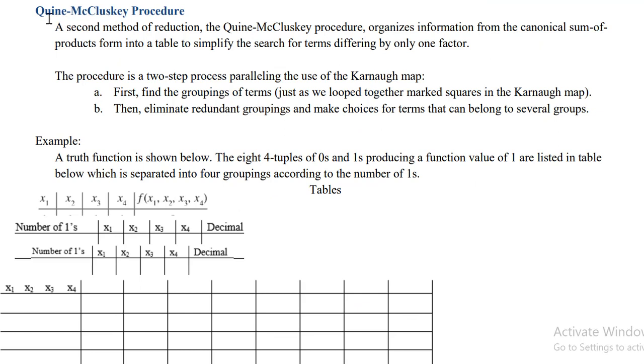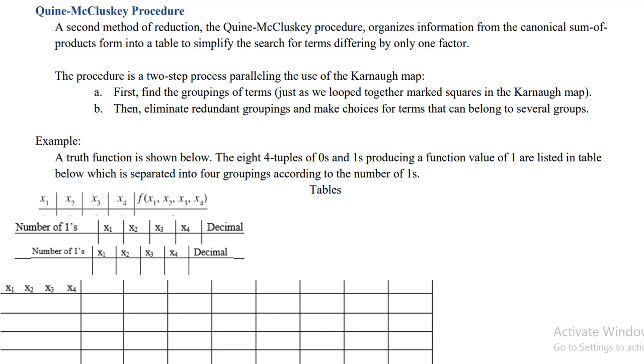And now we're going to see an example of the Quine-McCluskey procedure, which is the second method of reduction. So we organize information from the canonical sum of product form into a table to simplify the search for terms differing by only one factor.